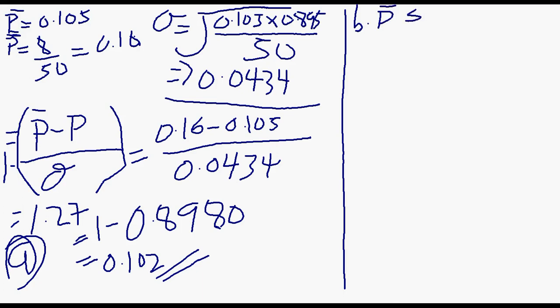We now have 5 over 50, which gives us 0.1.